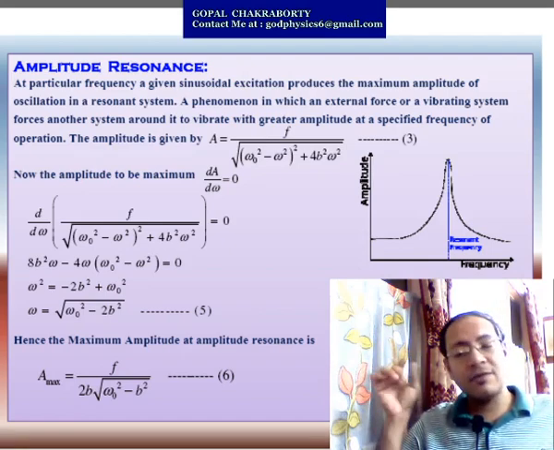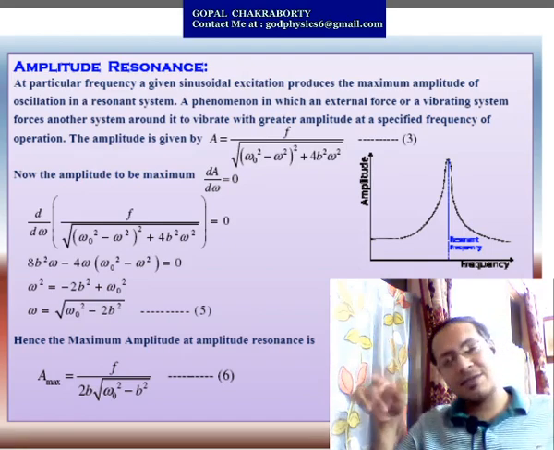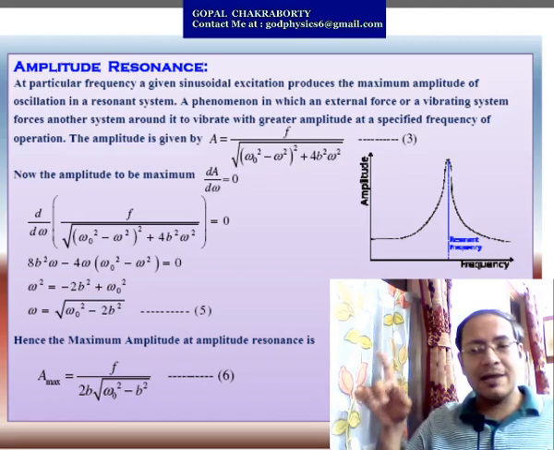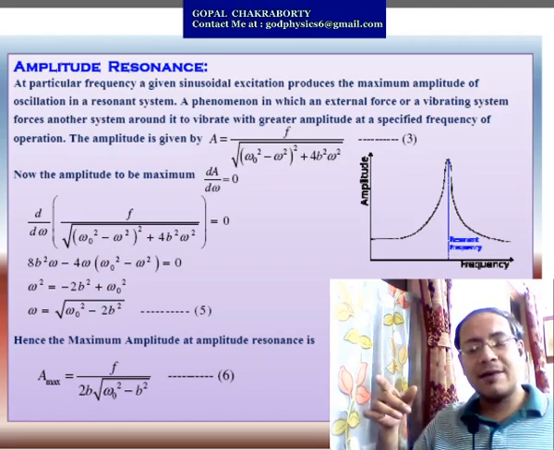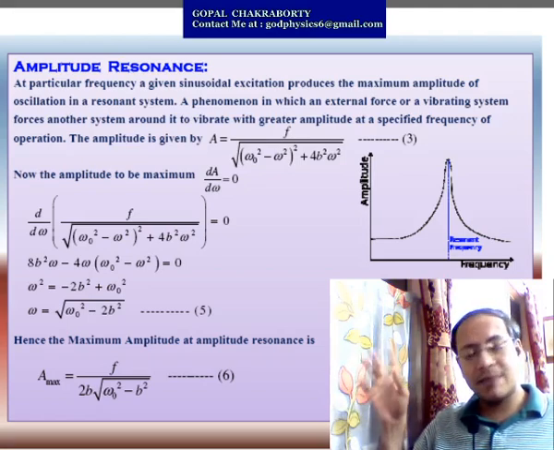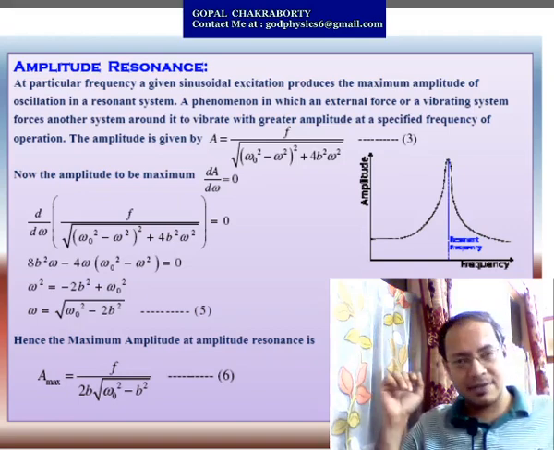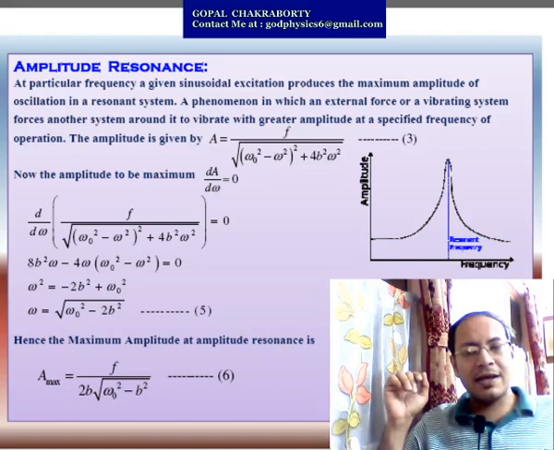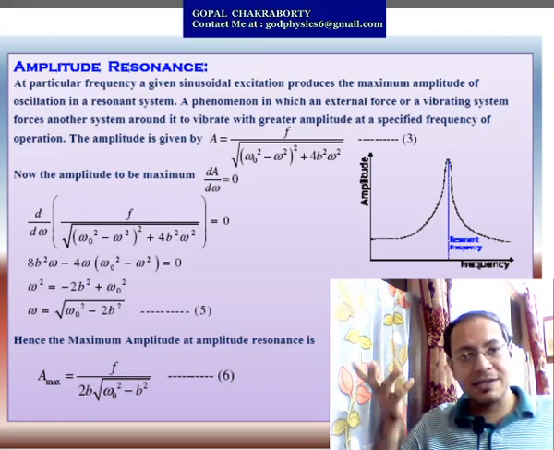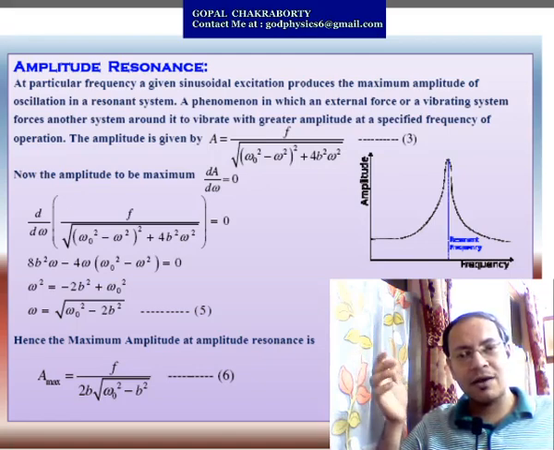That gives you the condition. Then if the second order derivative is positive, it is a minima, and if the second order derivative is negative, it is a maxima. So this is the procedure. I think you remember that derivation.